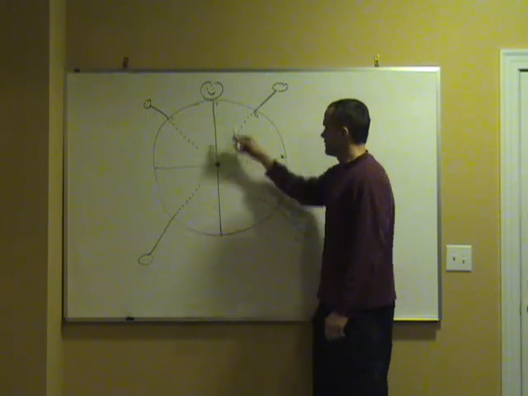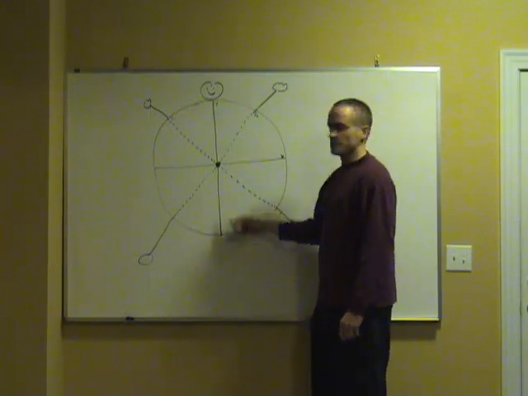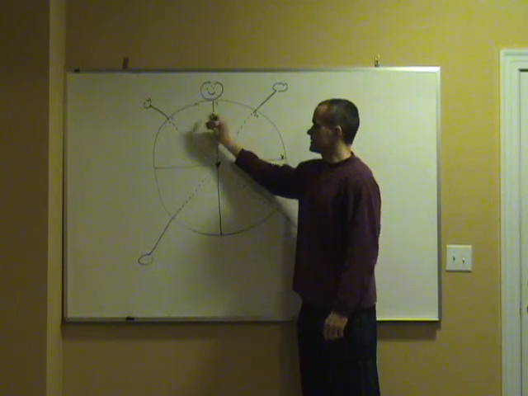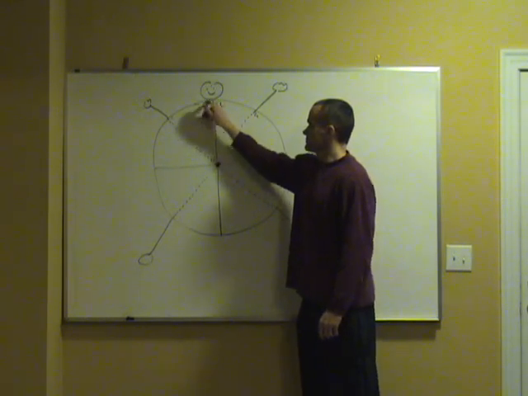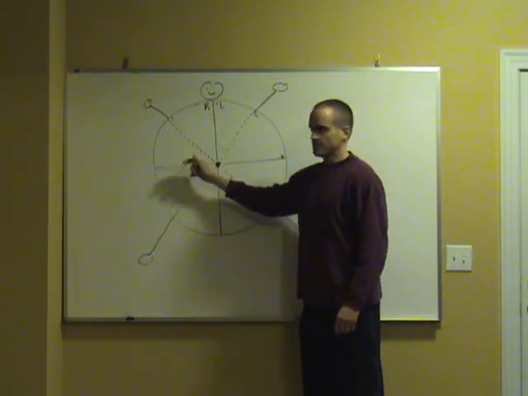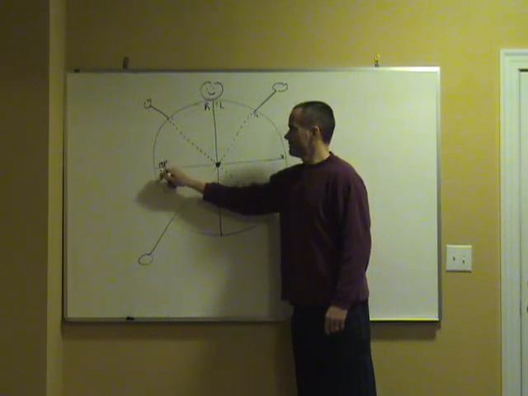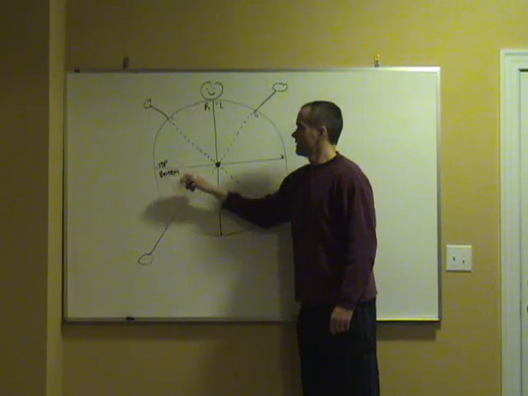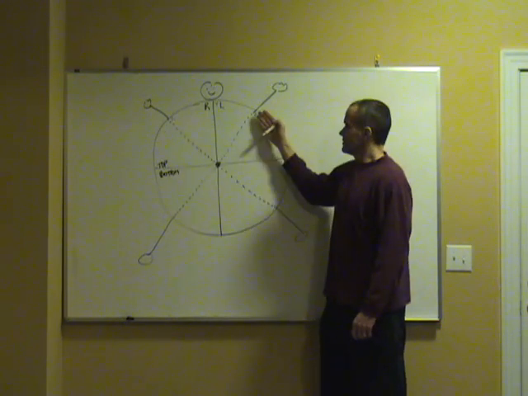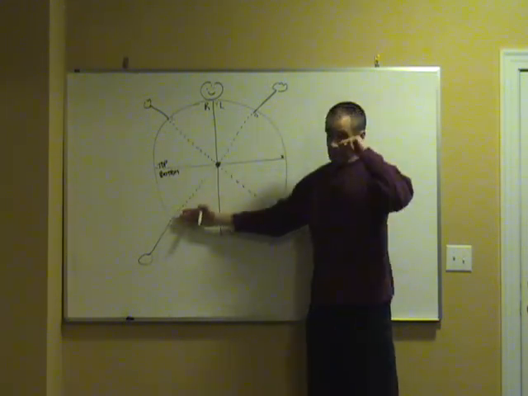The y-axis splits us into left side versus right side. The x-axis divides us into top versus bottom. And the z-axis takes us into rotations.